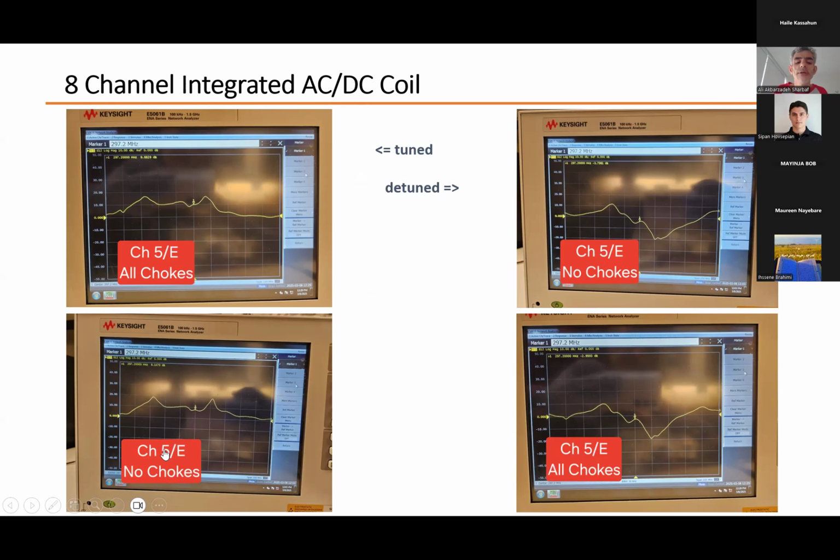So you see here we have no chokes. This is the standard coil. And here all of the chokes are installed. So there is no significant difference in the S parameters. So the performance of the coil is not degraded by installing the chokes. And the same thing happened in case of the detuned coil.